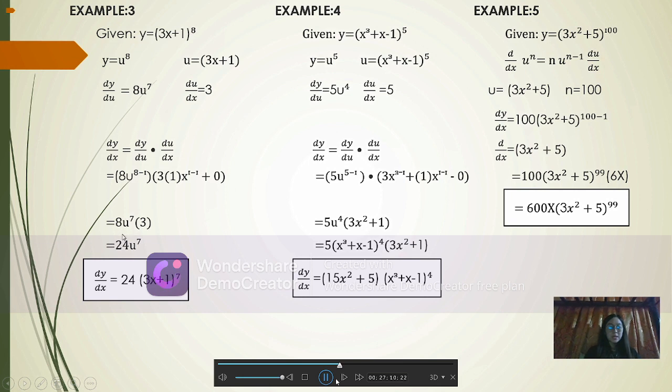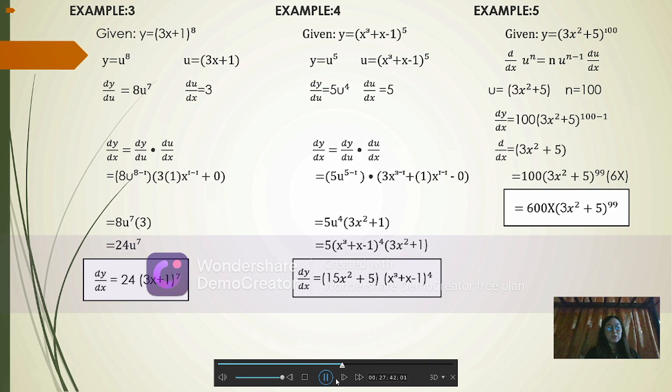So, ang naging sagot natin is 8u to the 7th power and 3. Close parenthesis natin yung 3. Kasi, yung nakuha natin dito sa lahat na to is 3 lang. 3 lang ang natira. Kaya dito, 8 to the 8 power minus 1 magiging 7. Ang matitira ay, ang magiging sagot niya is 8u to the 7th power.